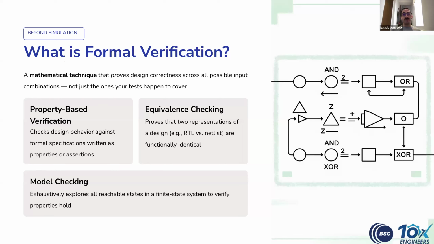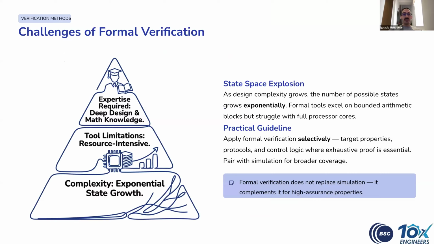So in formal, we don't need test cases. It provides correctness exhaustively within its scope. It doesn't replace simulation, but it complements it for high assurance of properties where exhaustive proof is essential. The downside is that it suffers from state space explosion. It's brilliant for small and complex control logic, but it chokes on large data paths.